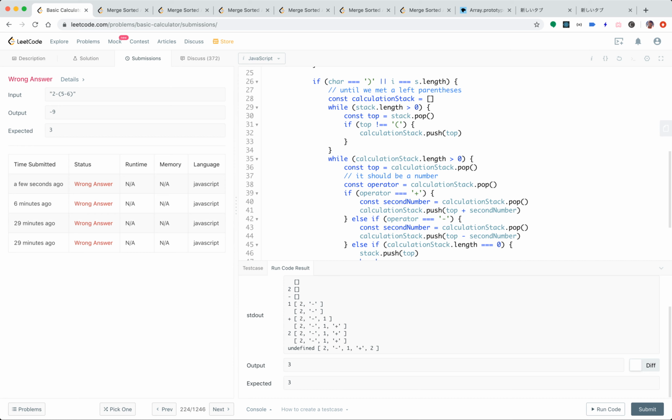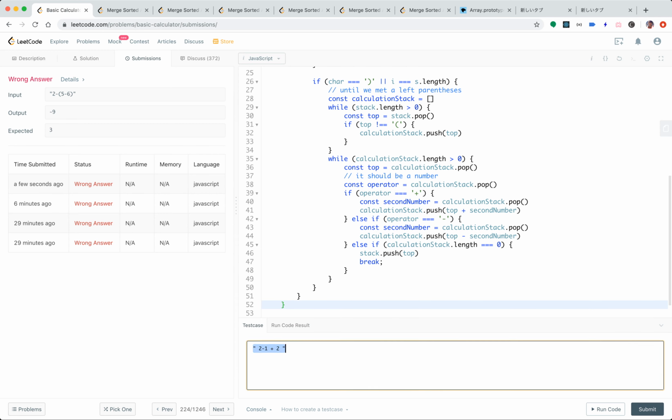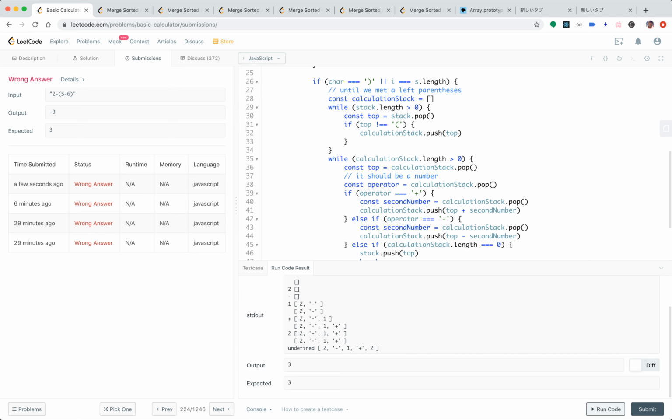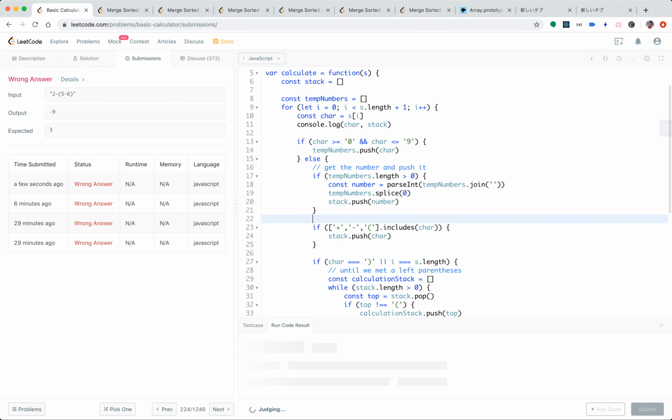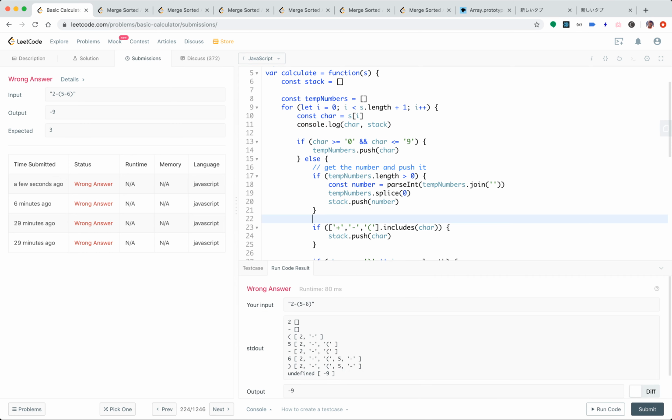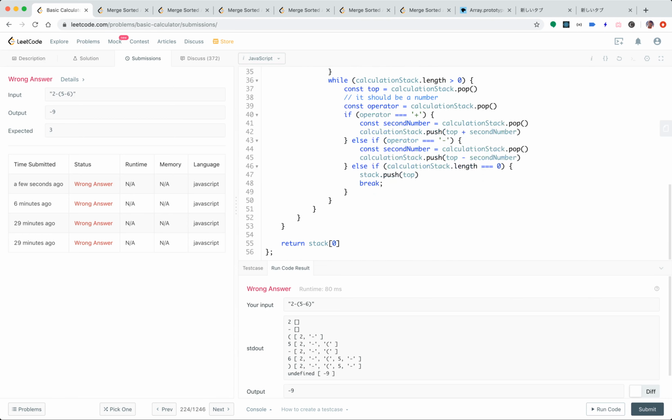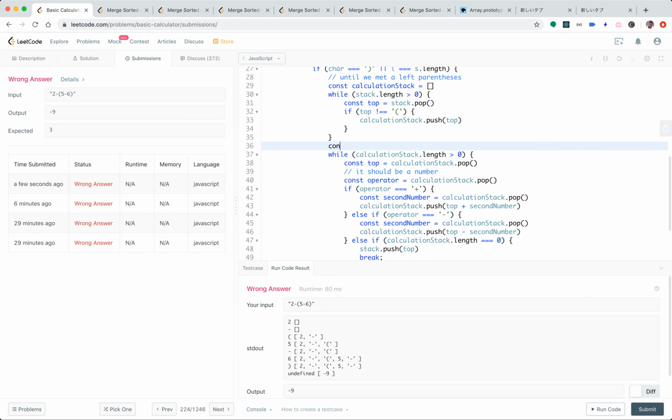Oh, there's still something wrong. For this one, how can I make it wrong? Wow, this one is more difficult than I thought. Two minus 5. Console log calculation stack.